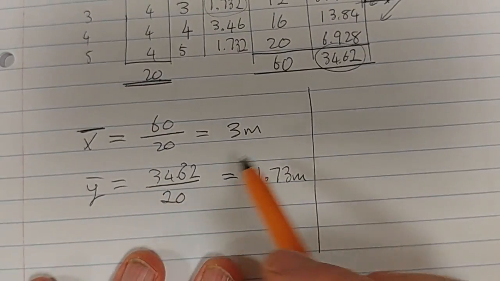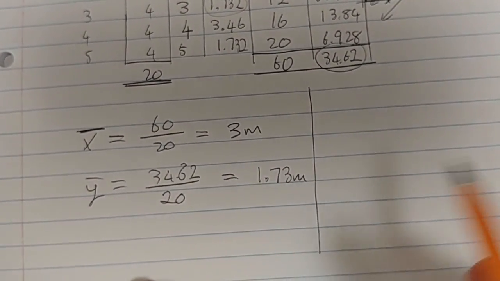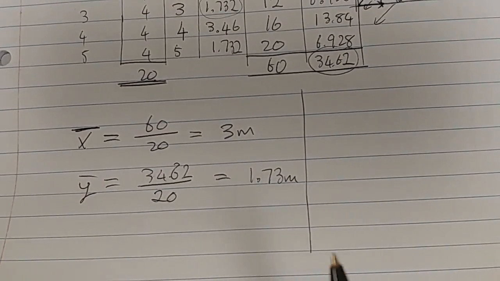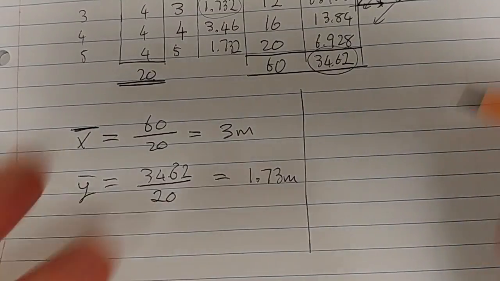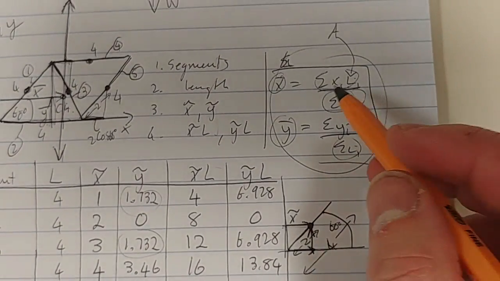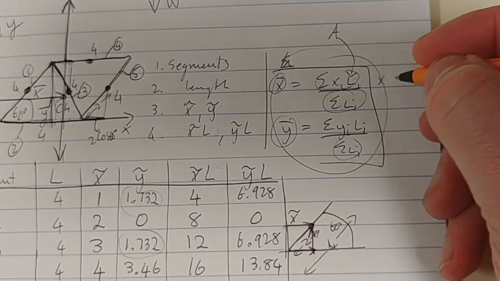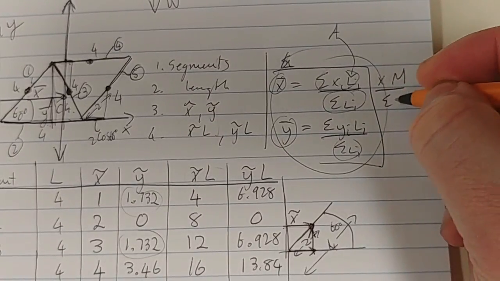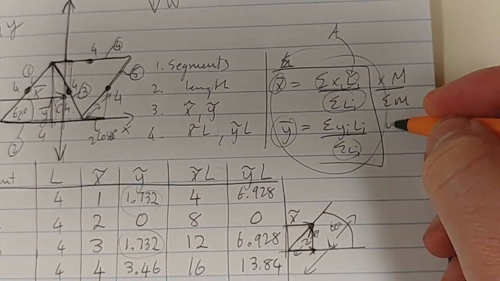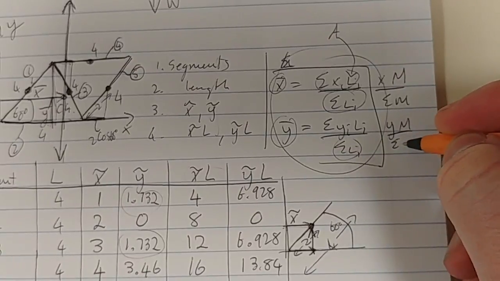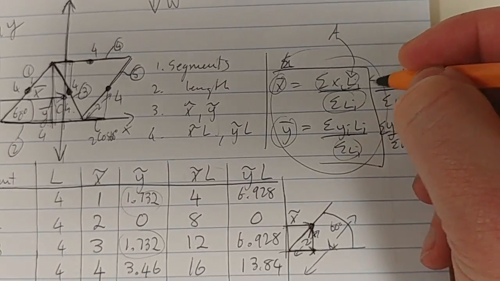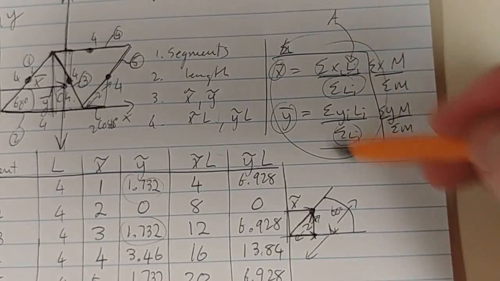Okay, I've actually solved the problem. I just looked at the solution in the textbook, and instead of XL, they use X times the mass over the sum of the masses, and Y times mass over the sum of the masses. It's really exactly the same thing.